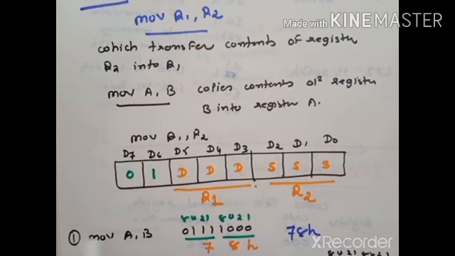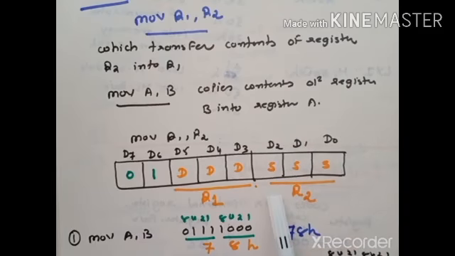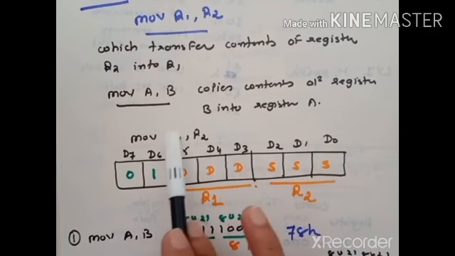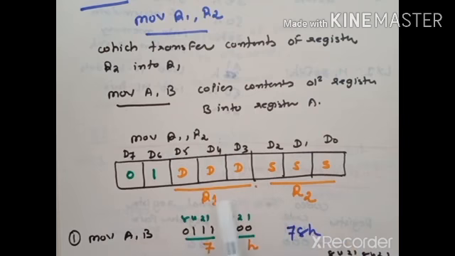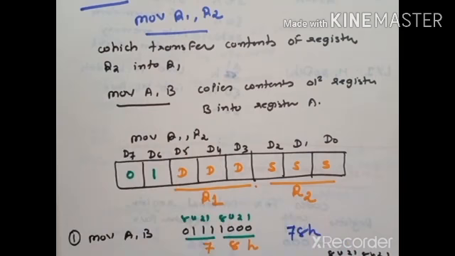In that 8-bit data, D0, D1 and D2 are used for the code of the source register, and D3, D4 and D5 are used for the code of the destination register. For the MOV instruction, 01 is the fixed code.